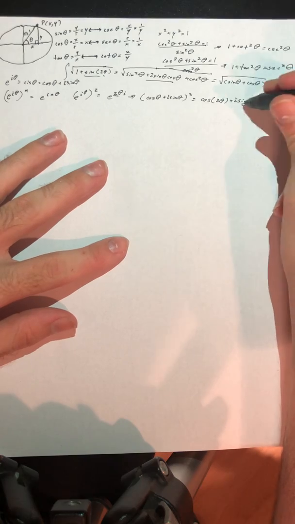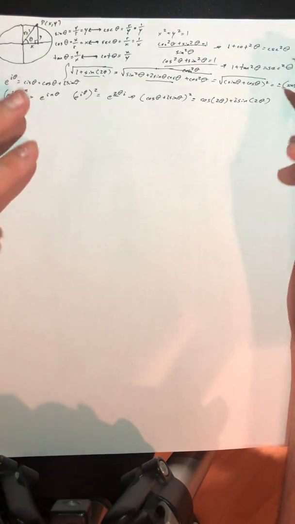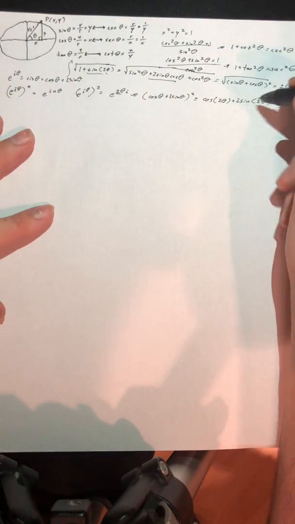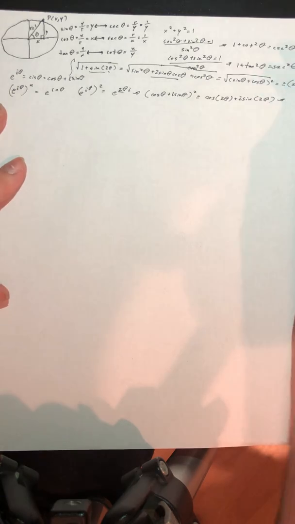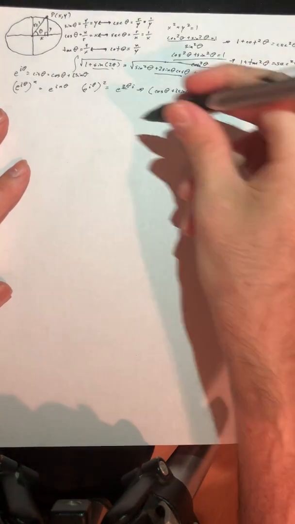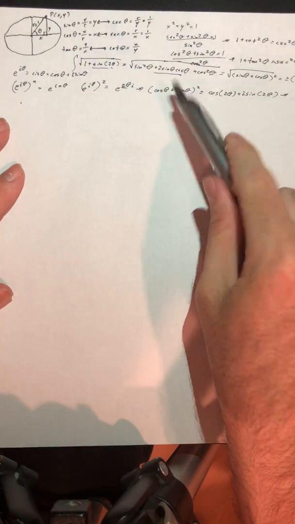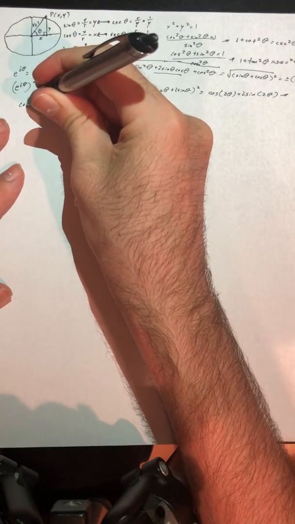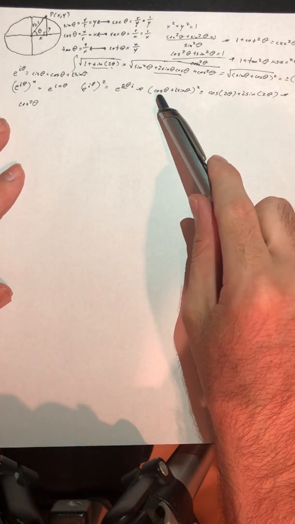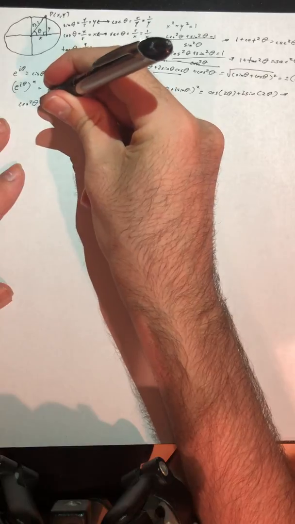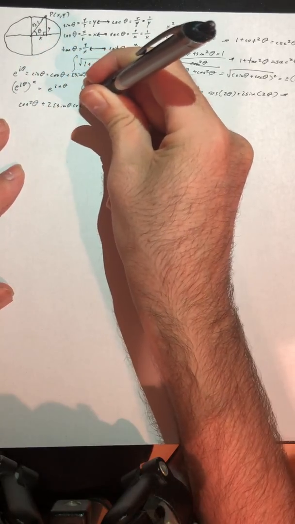And this is good, because you have a sine 2 theta. And over here, we're just going to get sine thetas and cosine thetas and minus signs and plus signs and all that. Let me square this first. I'm squaring this. We're going to get cosine squared theta, and we're going to get 2 cosine theta i sine theta, so I'm going to write that as plus 2i sine theta cosine theta.